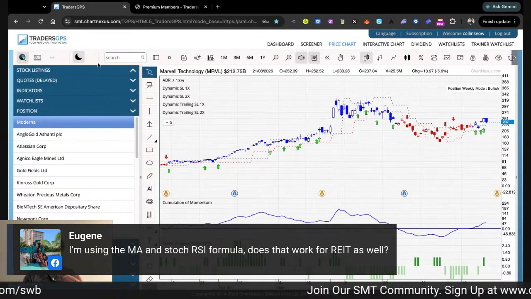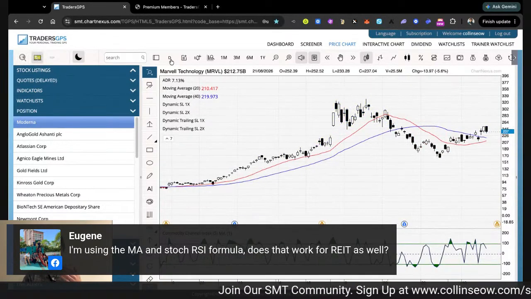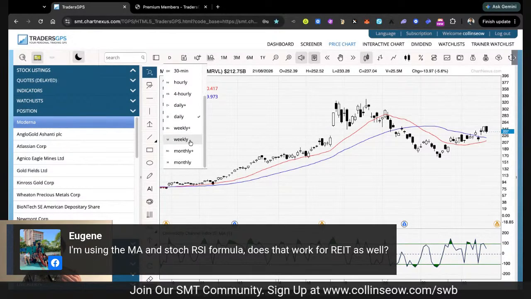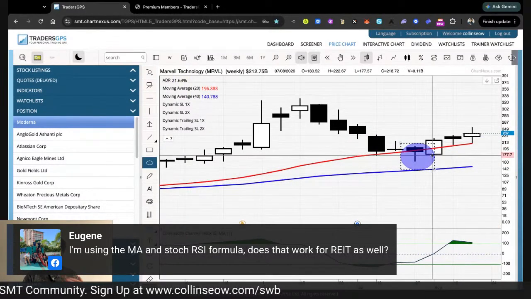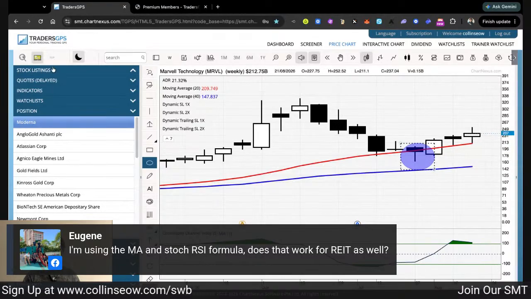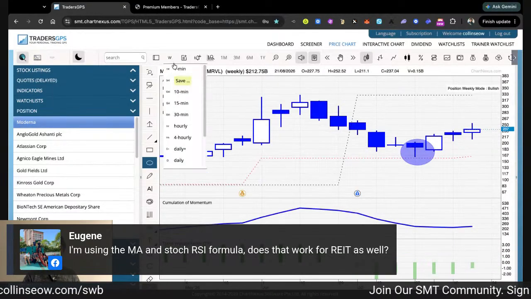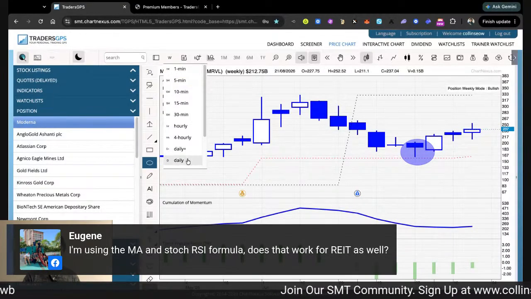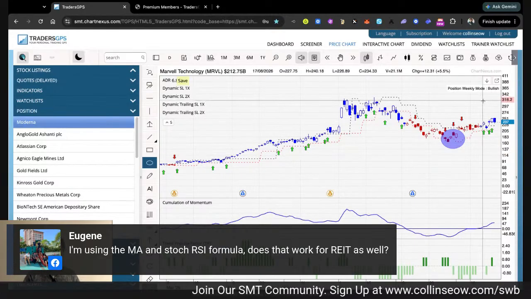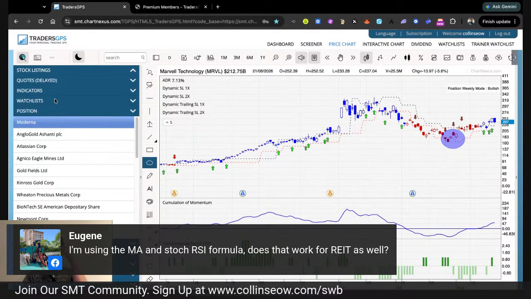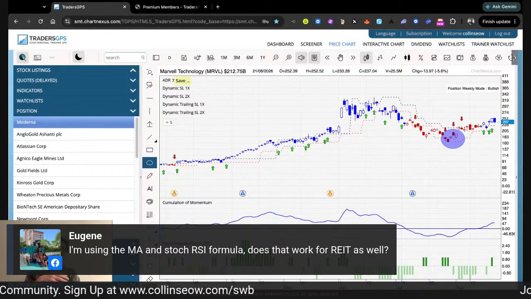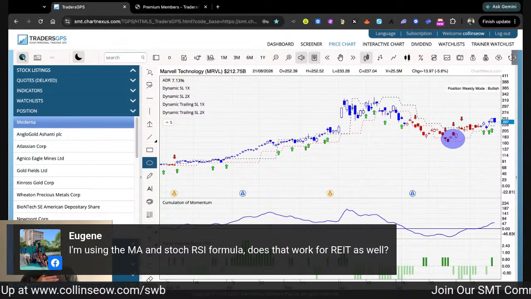So a lot of stocks have a swing weekly buy signal like this, but a lot of stocks don't have the 6-month high. So what does it mean? That means position weekly, long term, still long.